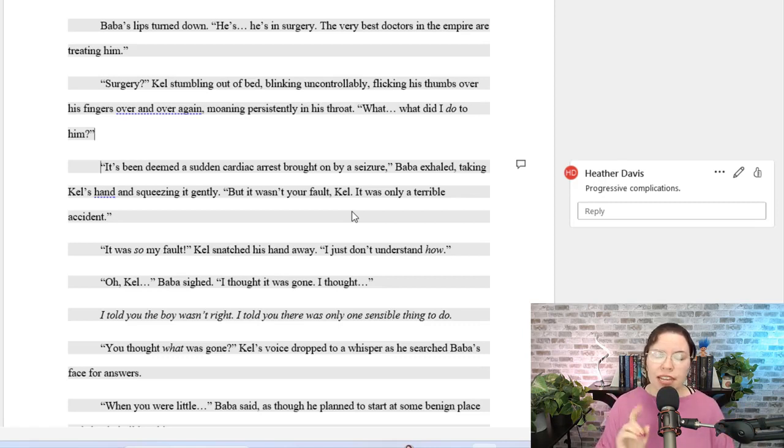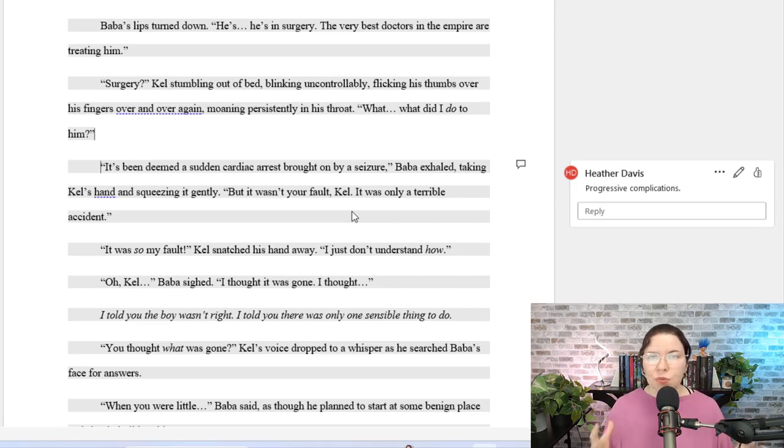Oh, there was one more thing I had to tell you. He's blinking uncontrollably and he's flicking his fingers over his thumbs. And the reason that he's doing this is because he has a tic disorder. This is modeled from my son, who also has a tic disorder. And what I really wanted to do with Kel was to make sure that I didn't write your typical emperor's son, right?